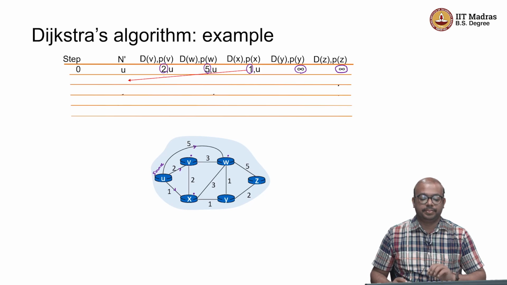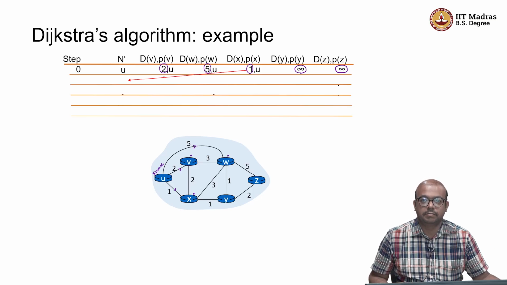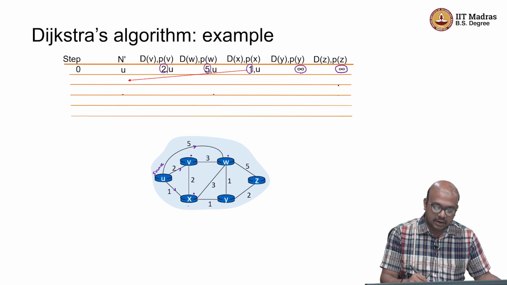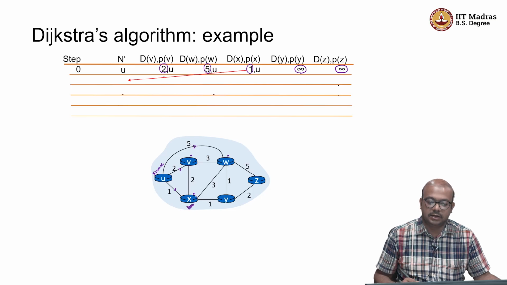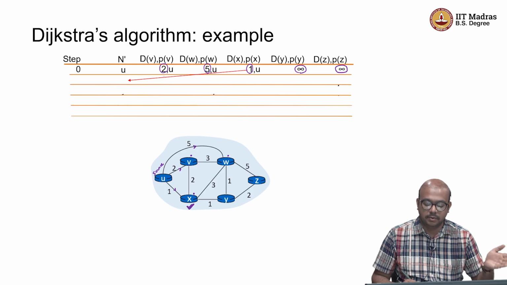In the next iteration n prime is going to be u and x. So, x gets a tick mark: I definitely know the path length from u to x, and the predecessor node is u. So directly from u, you have to go to x.